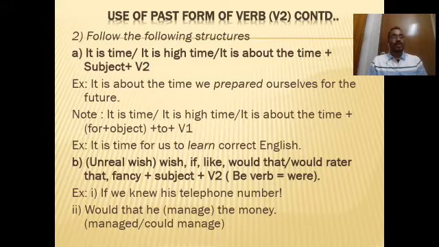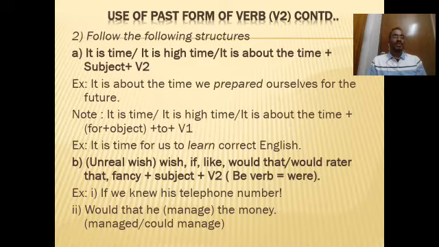Use of past form of verb, we are continuing. Some other rules are there. After, you see, it is time, it is high time, it is about the time, after these we use the subject and then verb 2. For example, it is about the time we prepared ourselves for the future.